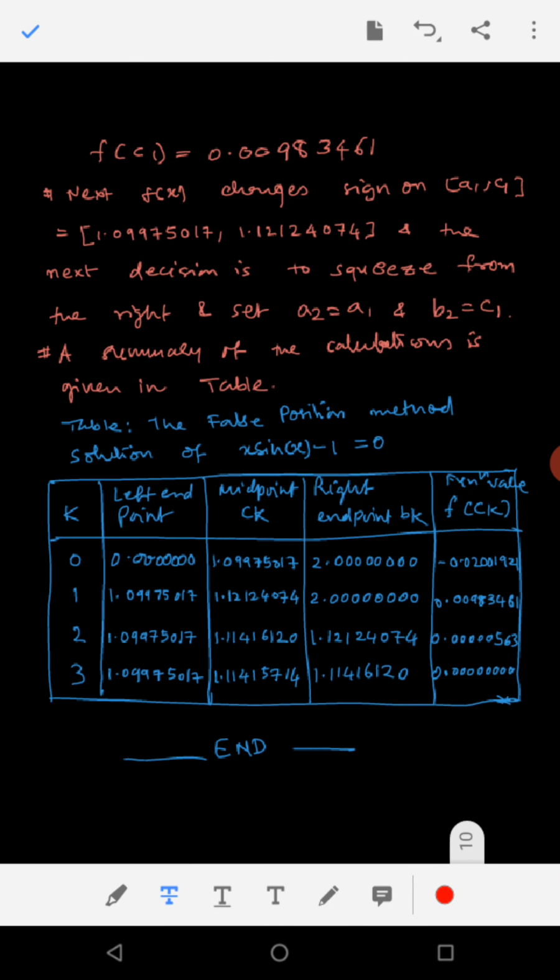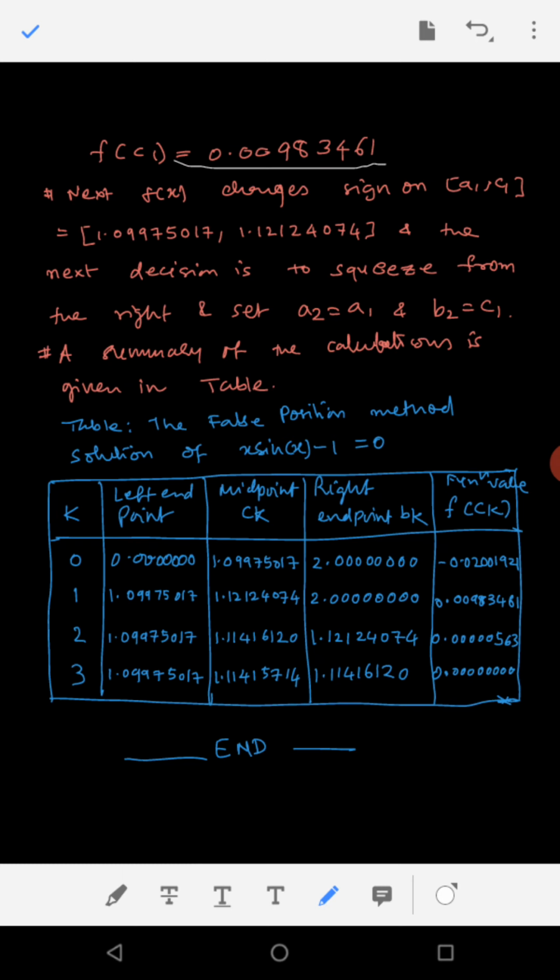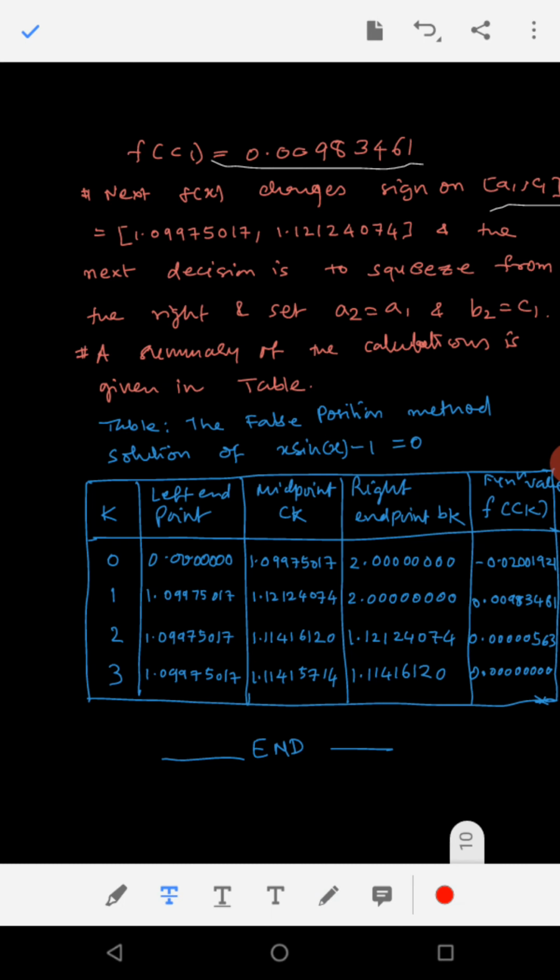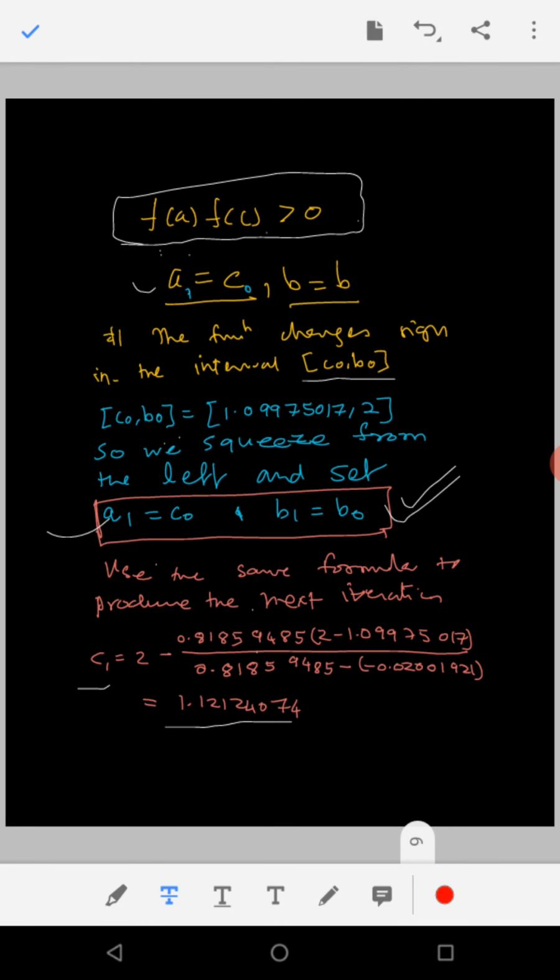So finally you are getting f(c1), this value, and we again have to check whether f(x) changes sign in this interval. For example, earlier we checked whether f(x) was changing its sign in the interval c0 and b0, and depending on the condition which I showed earlier, it turns out to this.